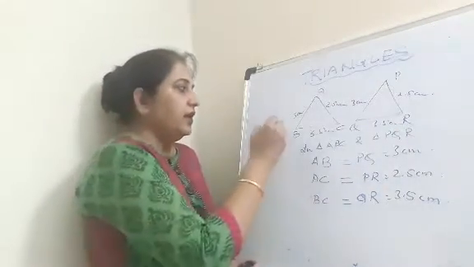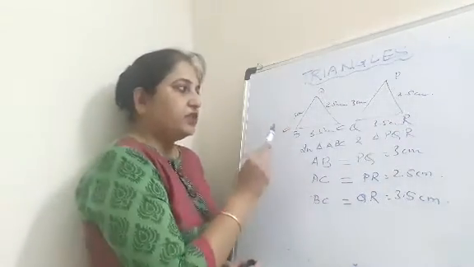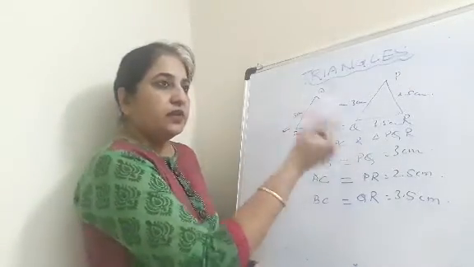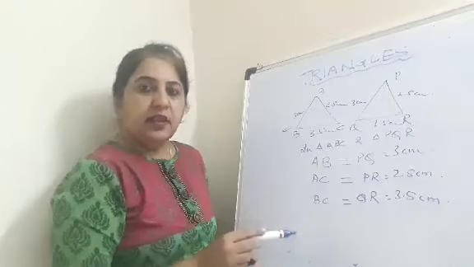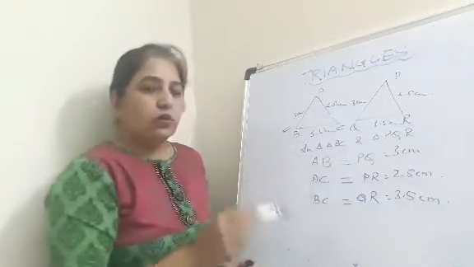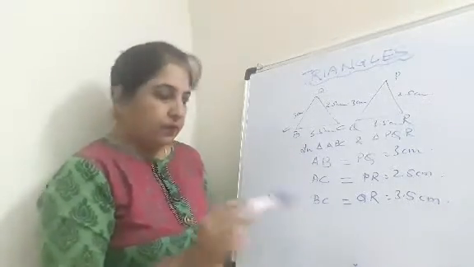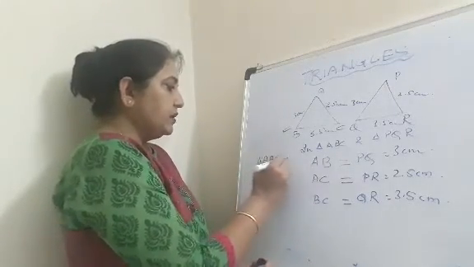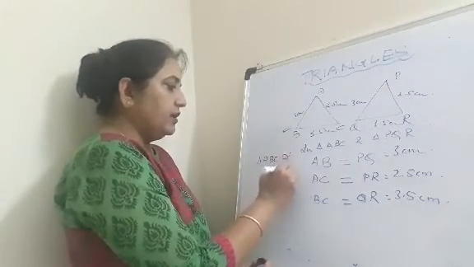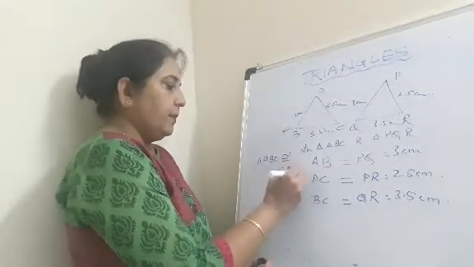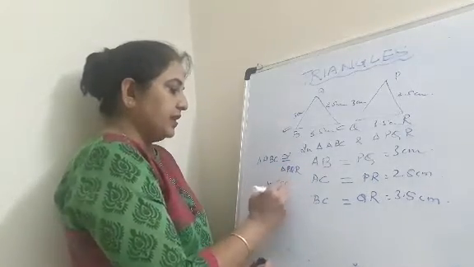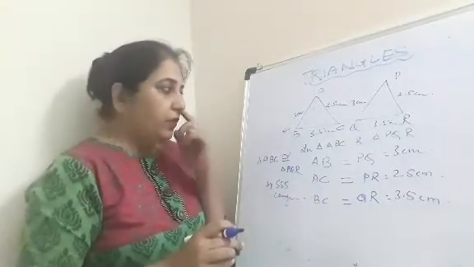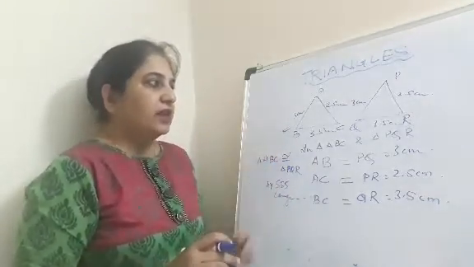Now, since the three sides of this triangle are equal to the corresponding three sides of another triangle, we say that the two triangles are congruent by SSS. So in the end we write triangle ABC is congruent to triangle PQR by which congruence? By SSS congruence.